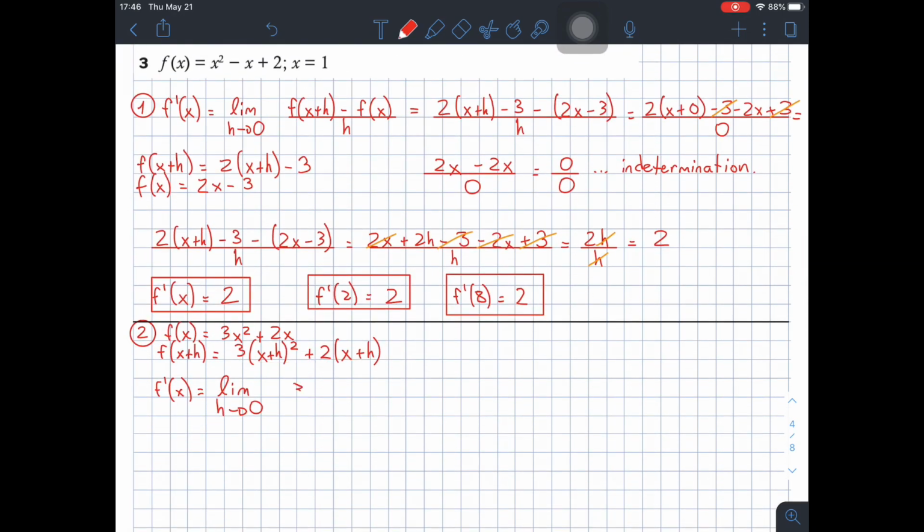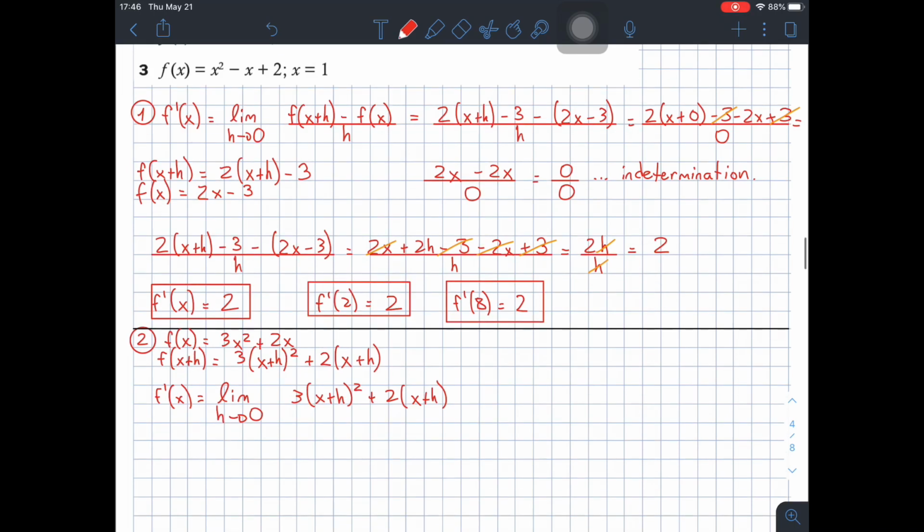So I'm going to write that here: 3 times (x plus h) squared plus 2 times (x plus h), minus f of x, which is, in this case, (3x squared plus 2x), divided by h.